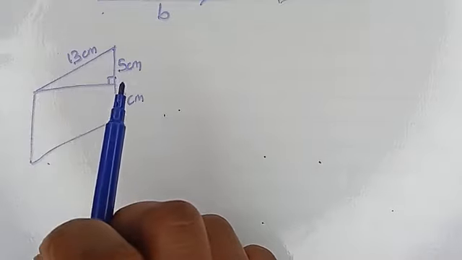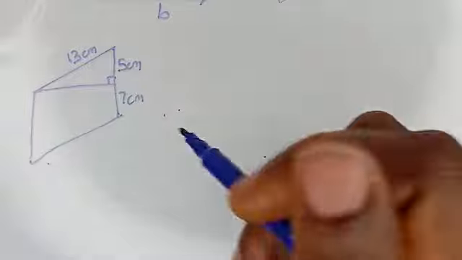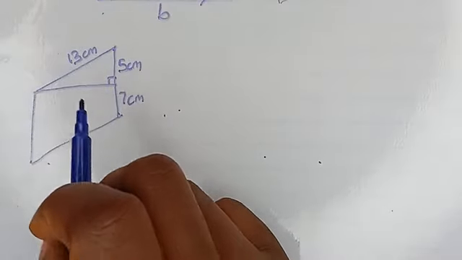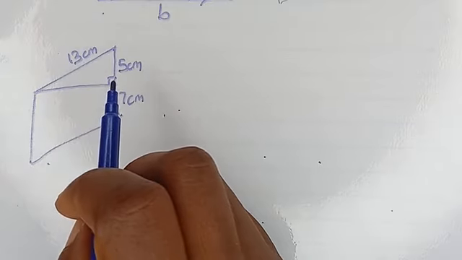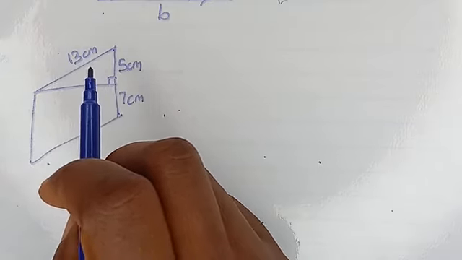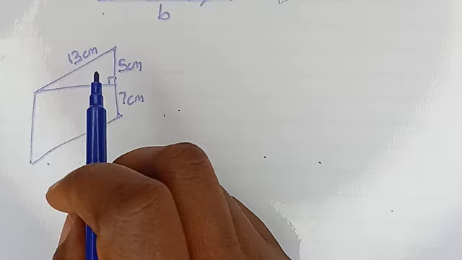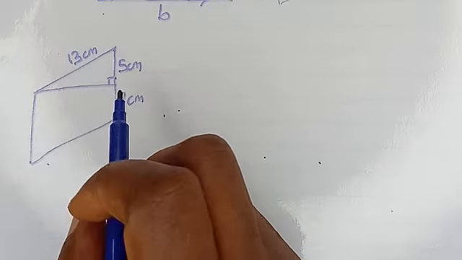Remember, the height is always perpendicular to the side we choose to call the base. We know the base. We don't know the height, but we know this side, and seeing that this is angle 90, we can use the right-angled triangle, that is Pythagoras theorem, to find this height.